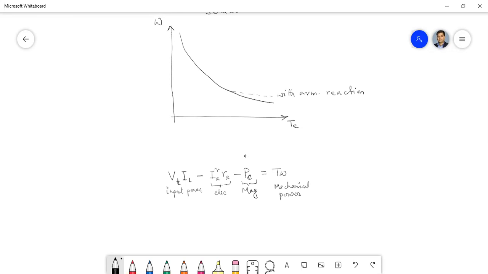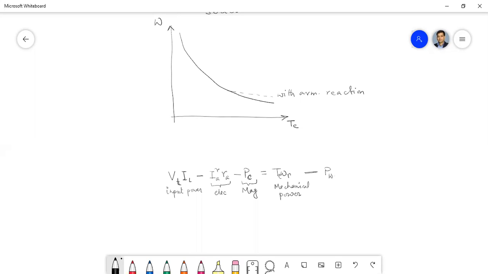Yes. Now after generation of this torque and omega, this is Te into omega r, because Te is the electromagnetic torque and omega is the rotational angular speed. After this mechanical power is developed, we'll have some losses.